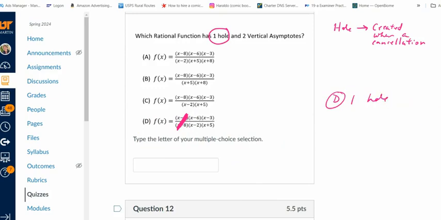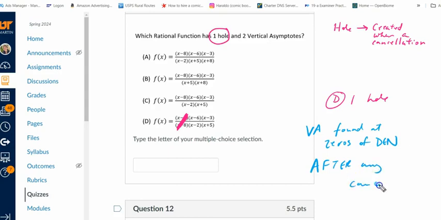Now, how many vertical asymptotes? Vertical asymptotes are found at the zeros of the denominator after any cancellation. So if we look at D, after cancellation, the denominator is x minus 2 times x plus 5.